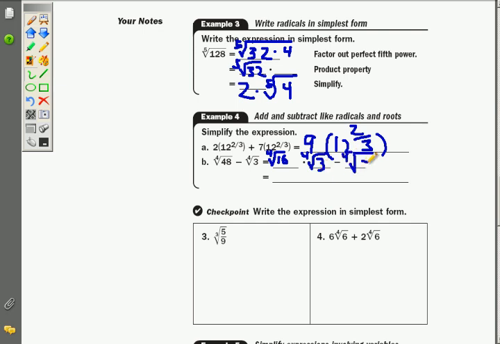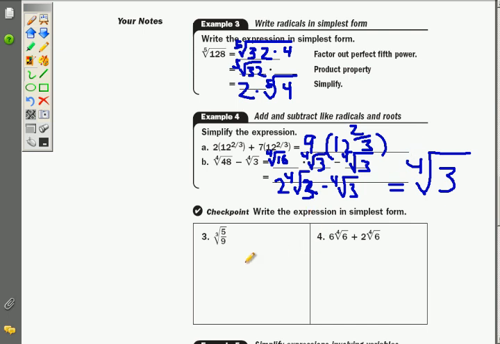You kind of see where this one's going. 4th root of 16 is 2, so I have 2 4th roots of 3 minus 1 4th root of 3. Well, 2 minus 1 is 1 4th root of 3. And that's a pretty tough question there, I think.